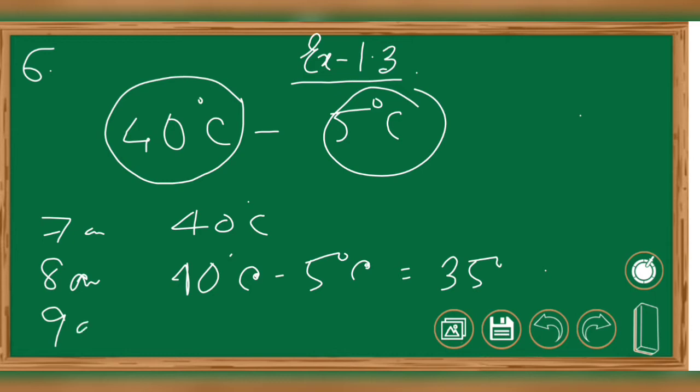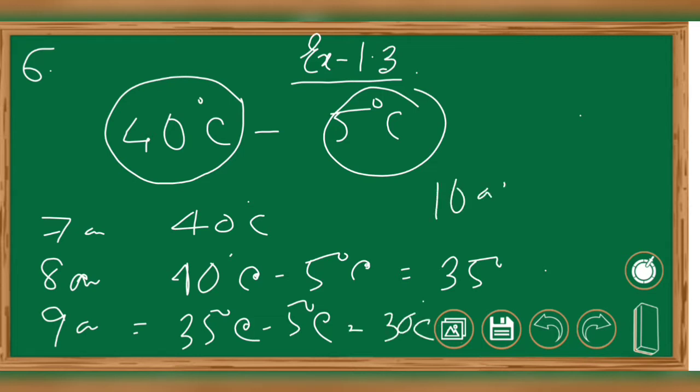Then at 9 am it will be 35 minus 5, that is 30 degrees centigrade. Then at 10 am it will be 30 minus 5 again, it means 25 degrees centigrade. In this way it will proceed.